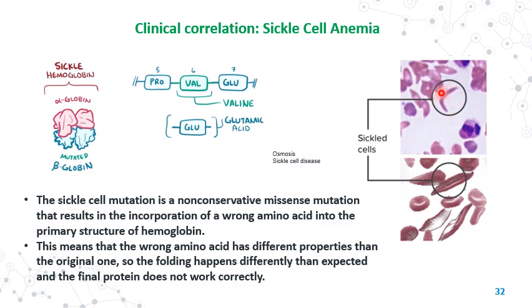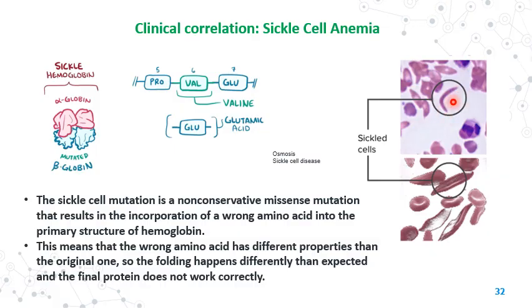And when those sickle cells form at the tissue level, like at the level of capillaries, which are very, very fine blood vessels that deliver oxygen to the tissues, these sickle cells tend to bump into each other and form polymers.